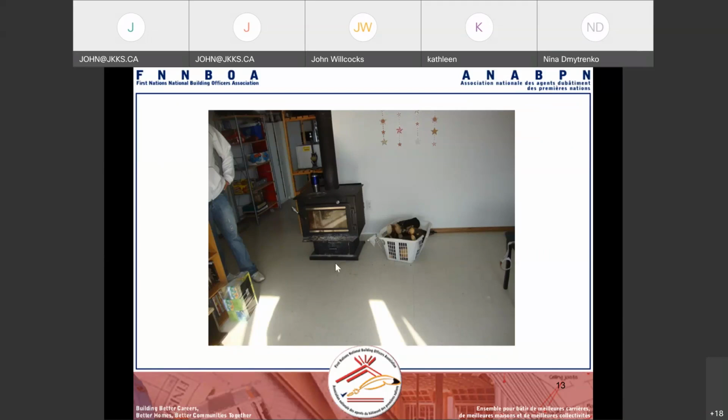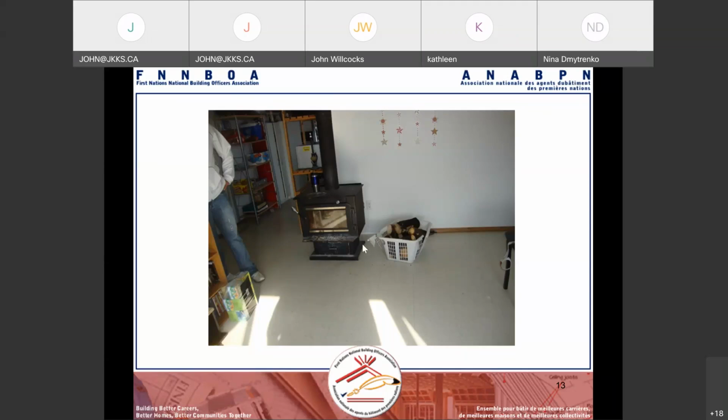This actually reminded me of a story, I think it was in Saskatchewan, one of the fires where a family, several members, died. What happened was they had a heat source installed, and it comes on a small pellet.